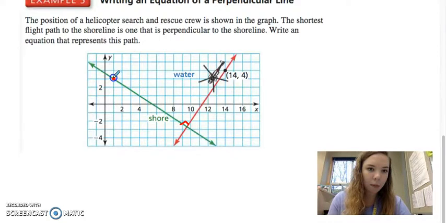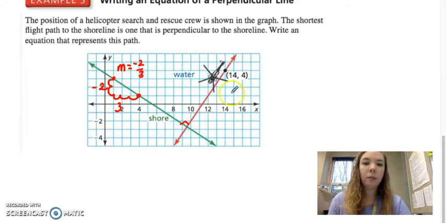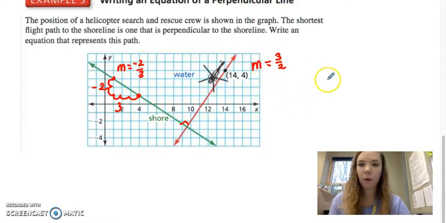So I'm going to add a point here and here. And I'm going to find the slope of this. So this is down 2 over 3. So this slope is negative 2/3, but I want it to be perpendicular. So if I flip that upside down, I'd have 3/2, and I want this one to be positive because this one was negative, the opposite reciprocal.